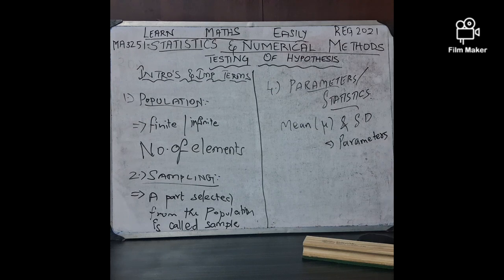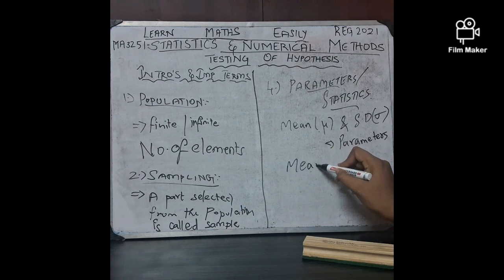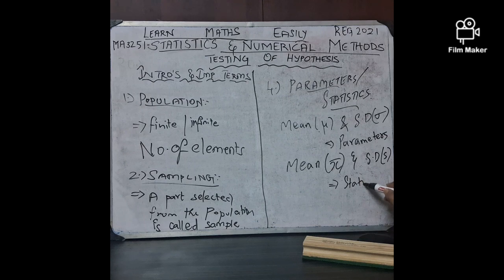And what are called statistics? Parameters are nothing but the statistical constants of the population, like mean and standard deviation. The mean is mu and the standard deviation is represented as sigma, whereas the mean x bar and the standard deviation s are called statistics.